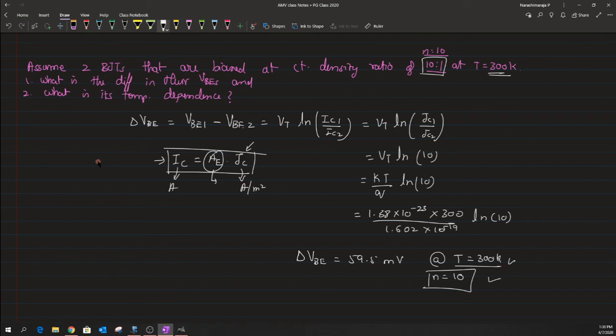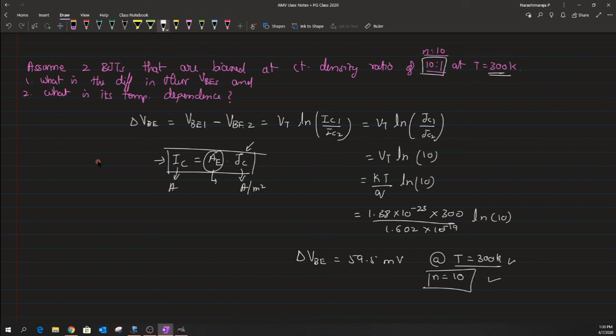Now let us move on to the second part of this question, where we have asked what is the temperature dependency. What we really mean by this is that when the temperature rises by 1 Kelvin, how much does the value of delta VBE change.